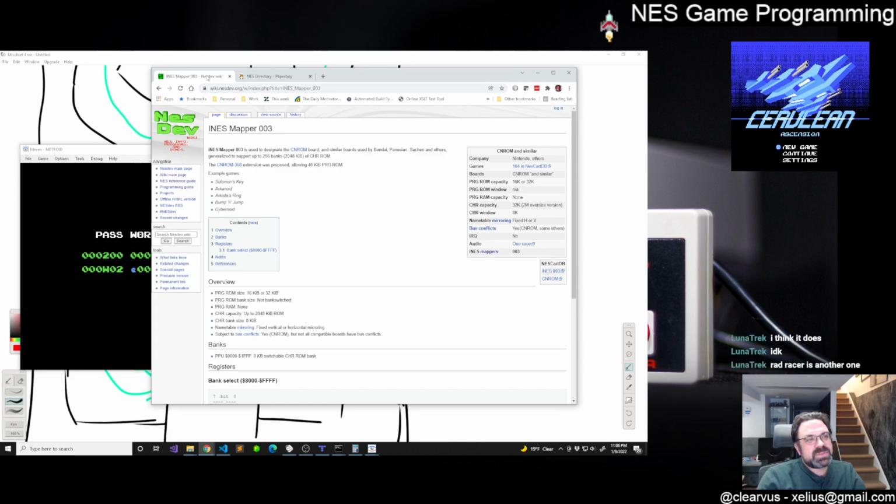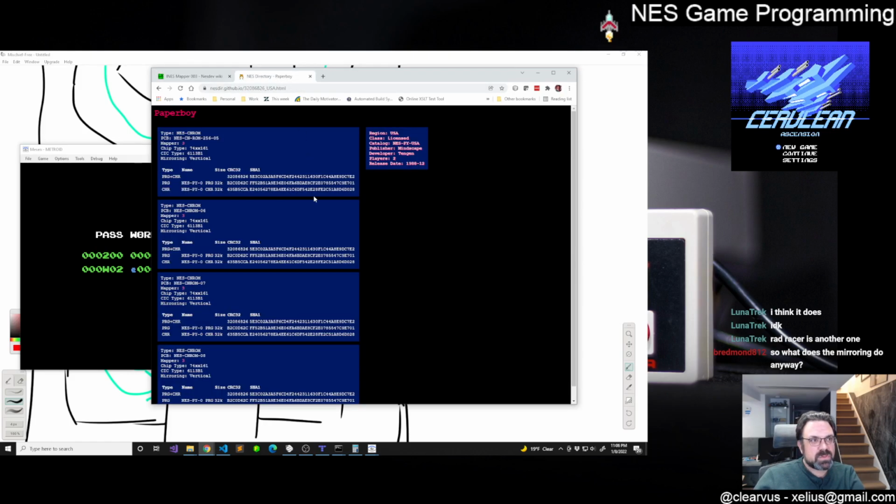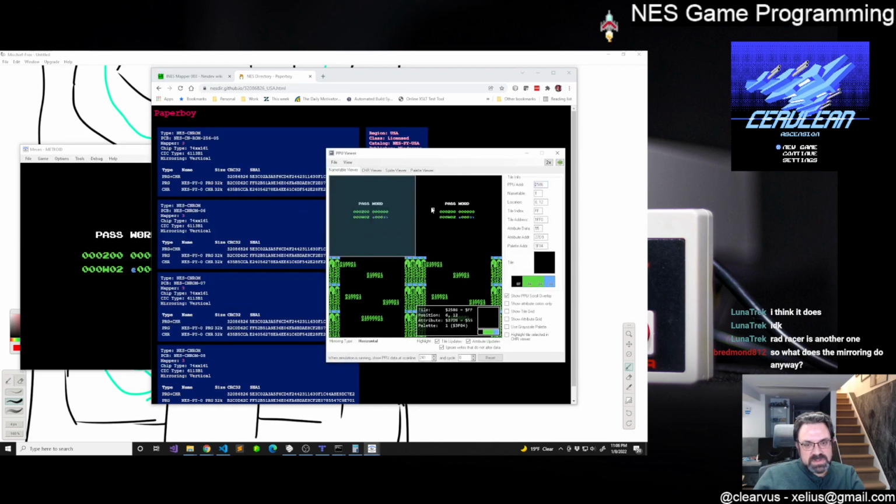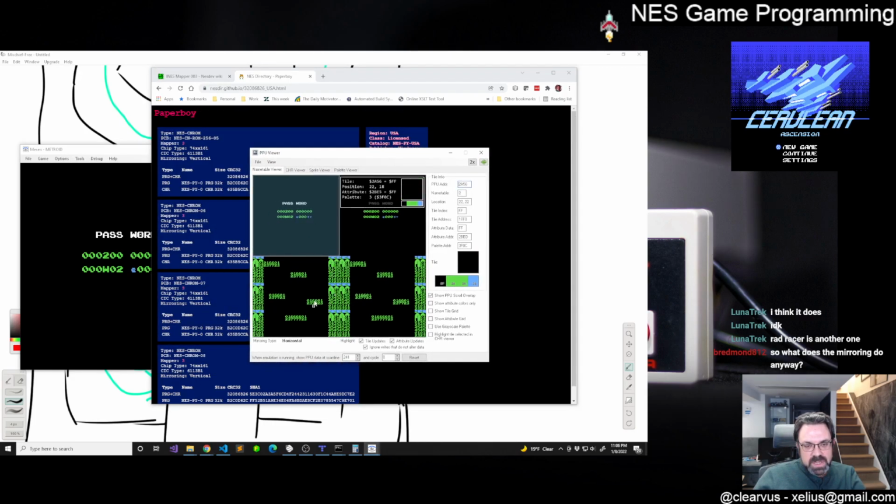Well, Rad Racer uses some interesting tricks for the way it sets up the 3D kind of scrolling effect that it does. Mirroring does exactly what it sounds like. There's only so much RAM for the PPU, depending on what kind of mapper it is.